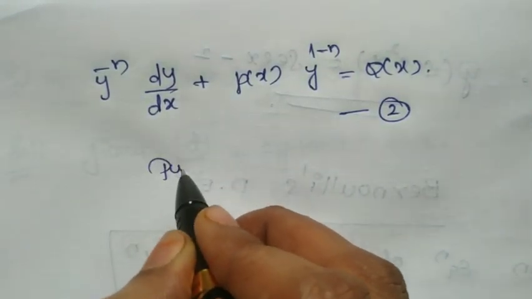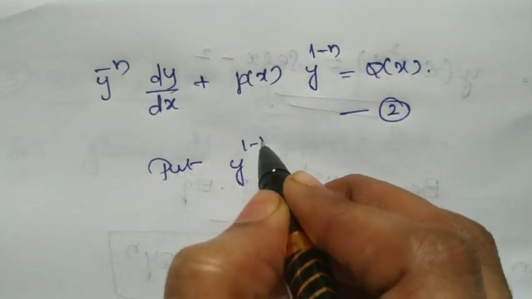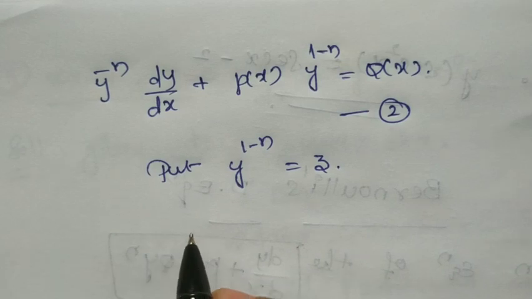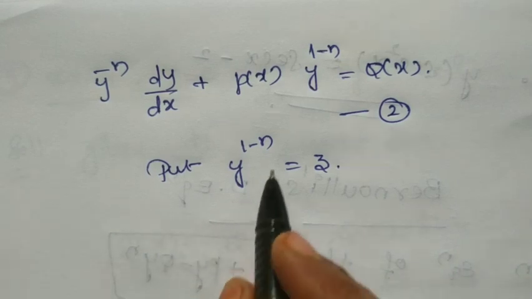Put y^(1-n) = z. Then differentiate with respect to x on both sides.